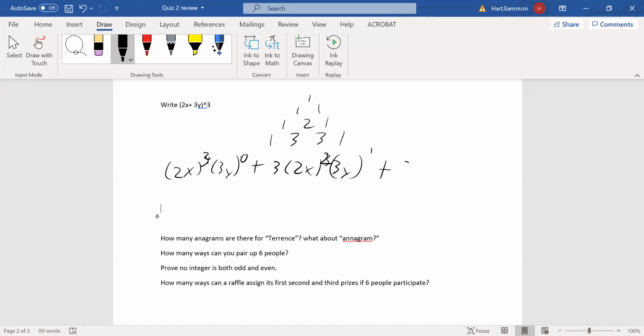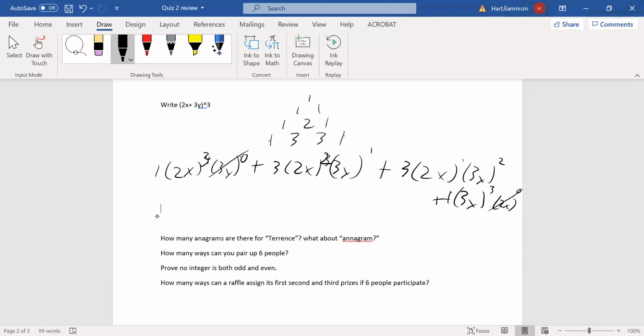Plus 3 times 2x to the 1 times 3y squared, plus 3y to the third, and we also get 2x to the 0, which is just 1, and we also get the 1 from the coefficients here. If this isn't ringing a bell, look back at the Pascal's triangle and binomial coefficient stuff.